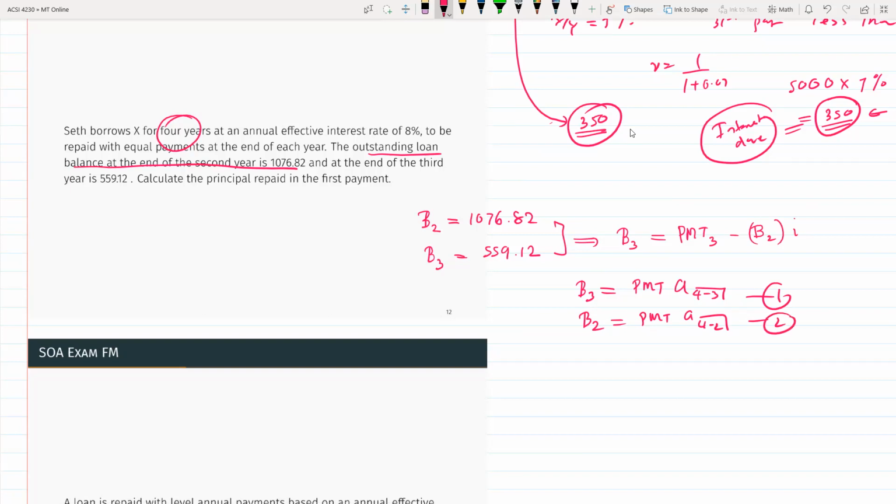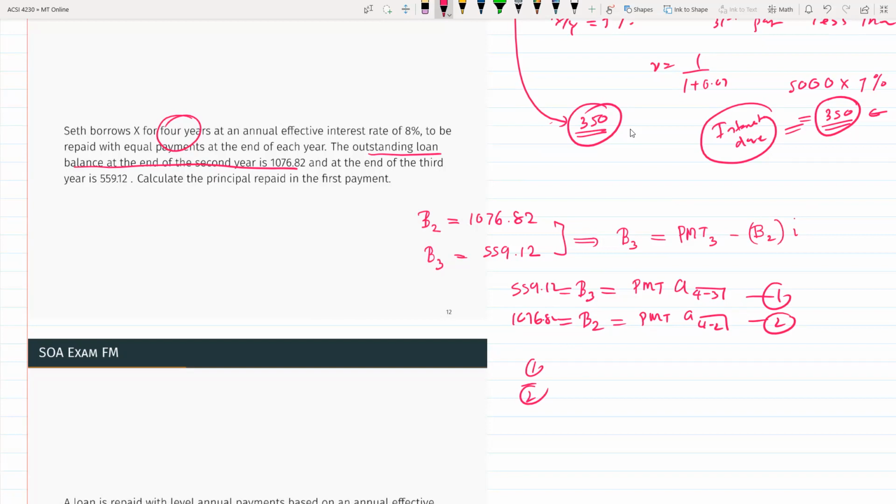So if I divide 1 by 2, and by the way, B3 I know the value, 559.12, and B2 I know the value, 1076.82.